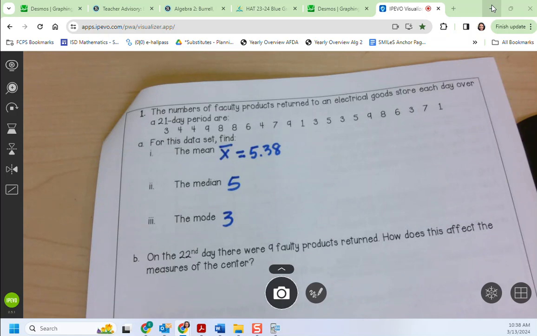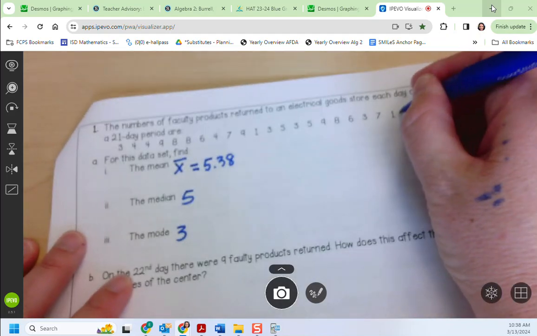Okay, on the 22nd day, there were 9 faulty products returned. How does this affect the measures of the center? So, how does 9 affect the mode? If I add another 9, because I have a new piece of data.